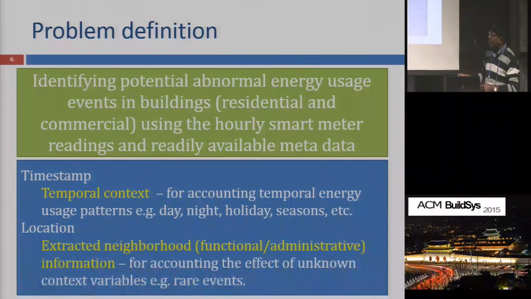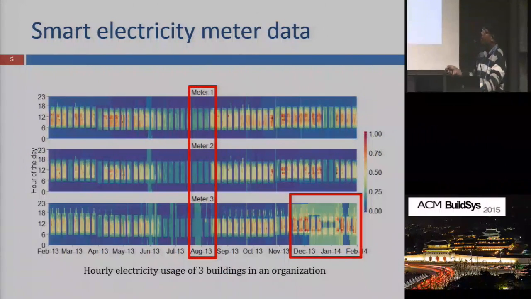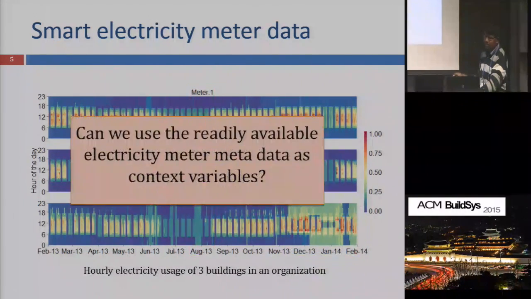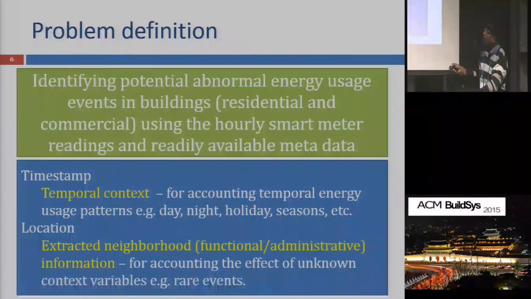And this location information is very important. If there are some unknown context events, like some rare events, as I was showing in this figure, right? There are some rare events that are happening, but that is reflected in all the buildings, and all those buildings come under the same functional or administrative neighborhood.